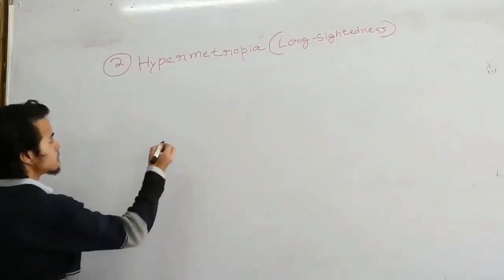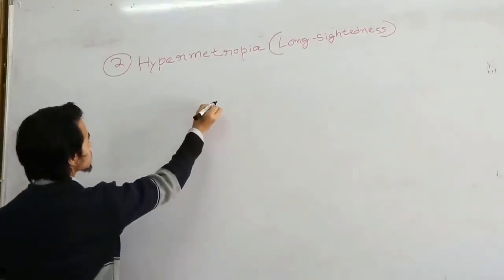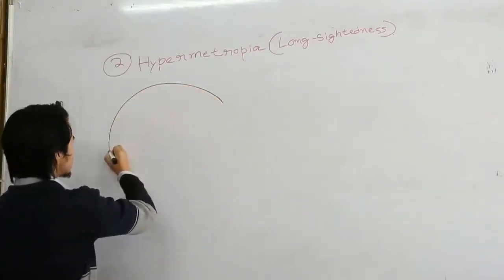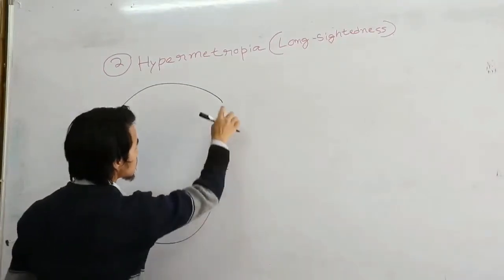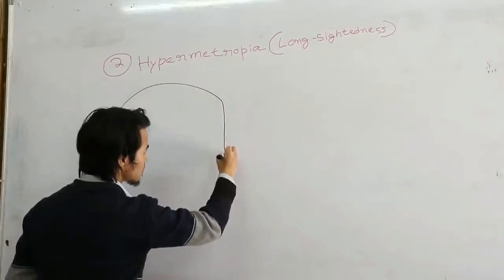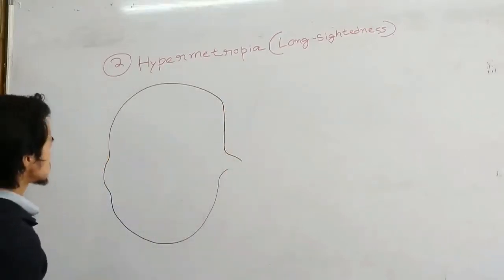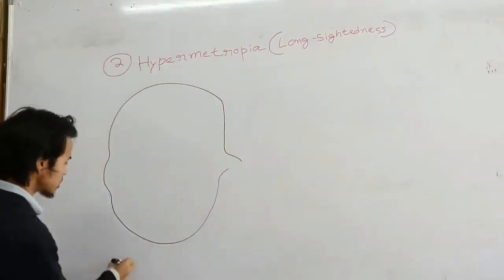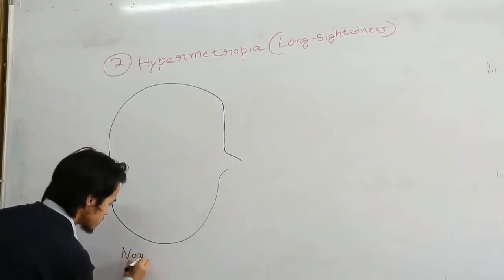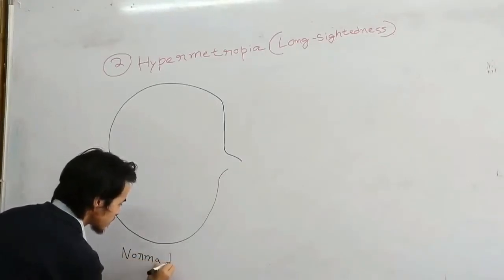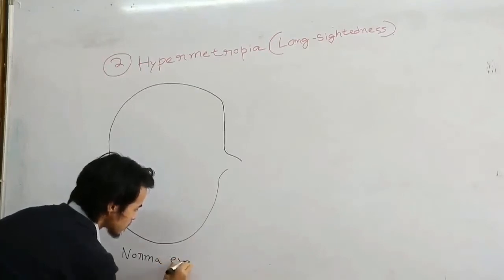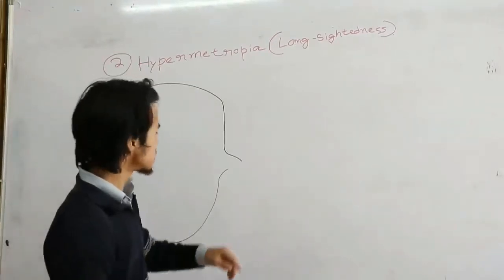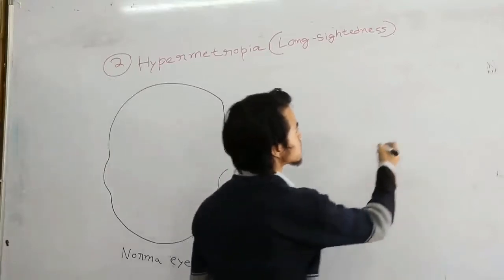Let me draw a diagram. Suppose we have a normal human eye. So this is a normal eye. And suppose we have a hypermetropic eye.